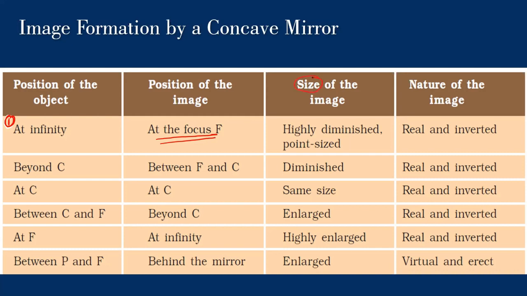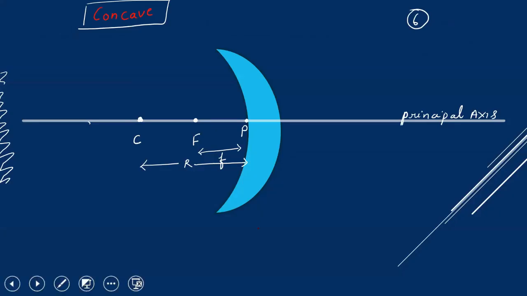First, the size of the image. Second, very important, the nature of the image. Nature is always of two types: it can be either real or virtual. If it is a real image, obviously it has to be inverted. If it is a virtual image, obviously it has to be erect.